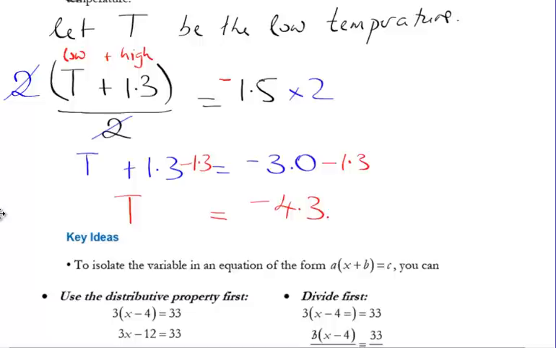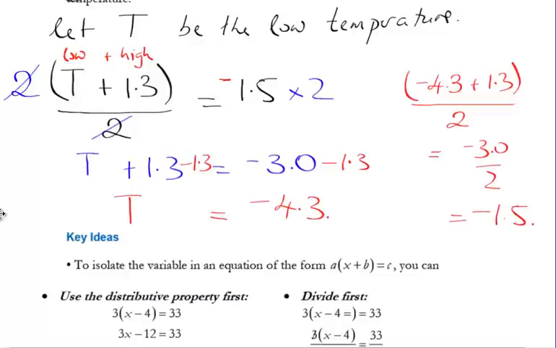So once again, if you check them, the low temperature, negative 4.3, plus the high temperature for the day, which was 1.3, summing those up, the average of those two numbers, you're going to add them, divide by 2, and so that comes to be equal to negative 4.3 plus 1.3, negative 3.0, divided by 2, which gives us negative 1.5.